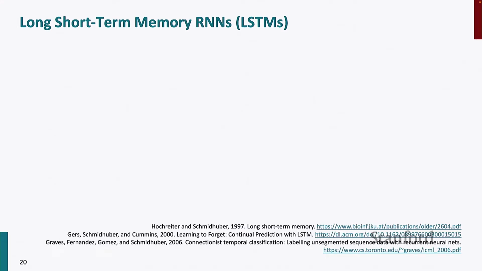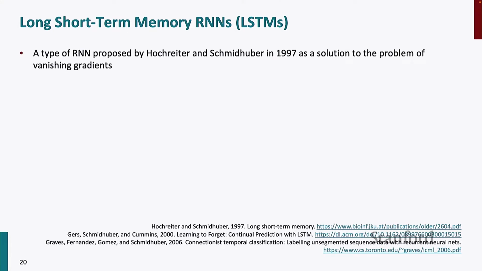So you can bring it back up: oh, didn't you say they took last weekend off or something? The problem was that the simple RNNs' short-term memory was only about 7 tokens, and we'd like to make it better than that, so we wanted long short-term memory, and that's where this name came about. This was a type of recurrent neural network proposed by Hochreiter and Schmidhuber in 1997 as a solution to the problem.